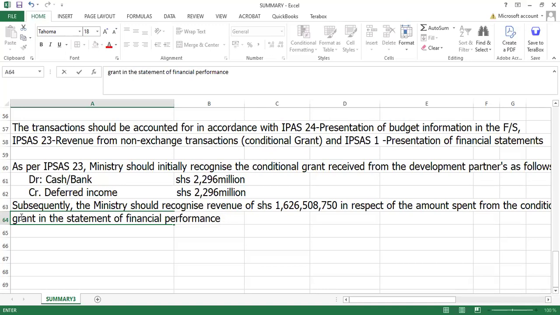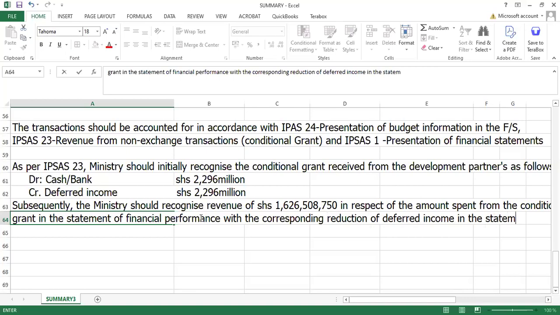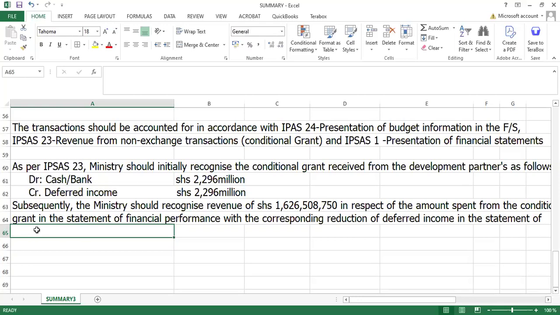But when you recognize this as revenue, go ahead and remove the liability, with the corresponding reduction of deferred income in the statement of financial position.